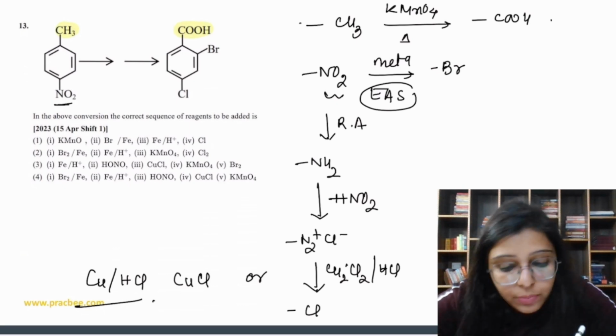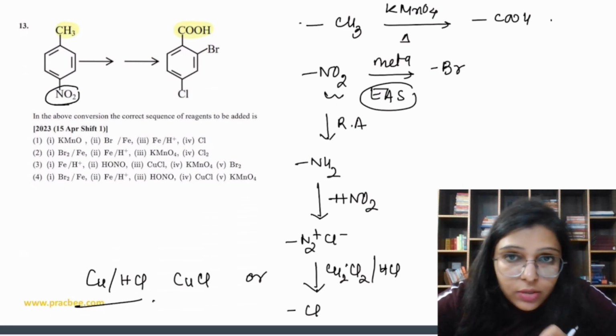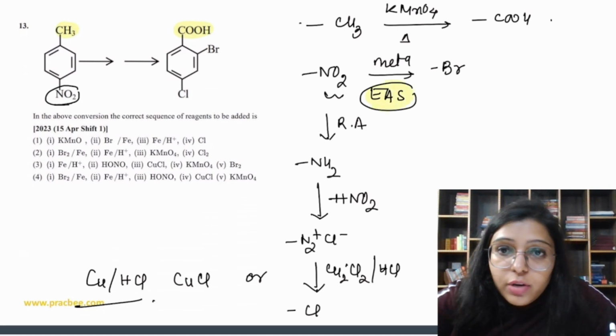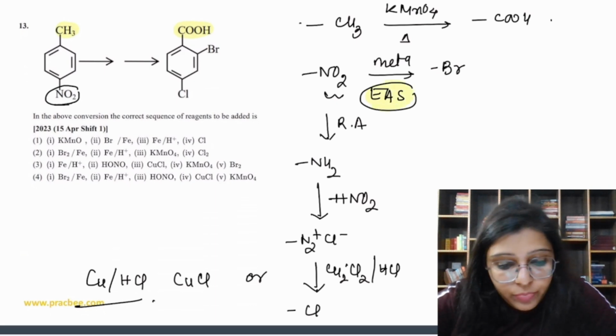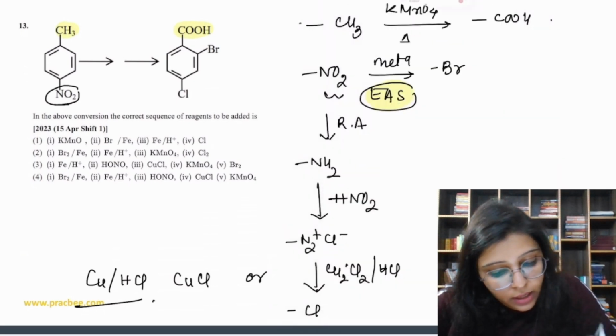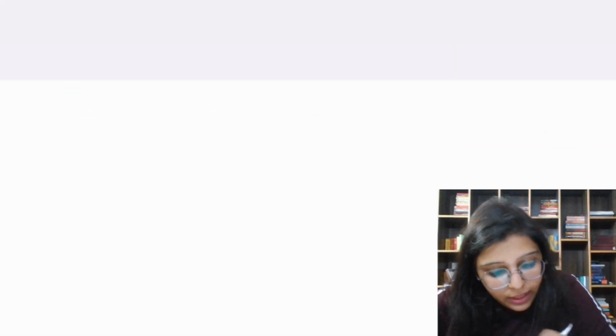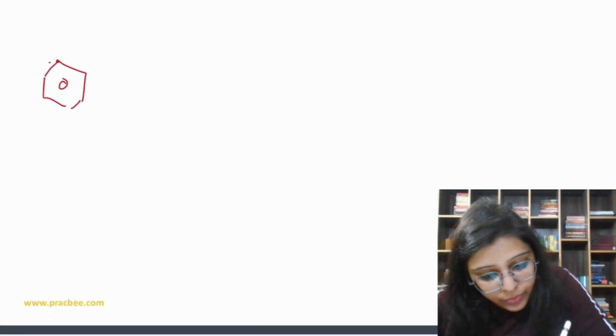So first, meta position, so the NO2 group must be there. The first step is to do the electrophilic aromatic substitution. For that we should be having Br2/Fe, right? So for the first step we should be having Br2/Fe. Let me write this over here. So we have CH3 and this is NO2.